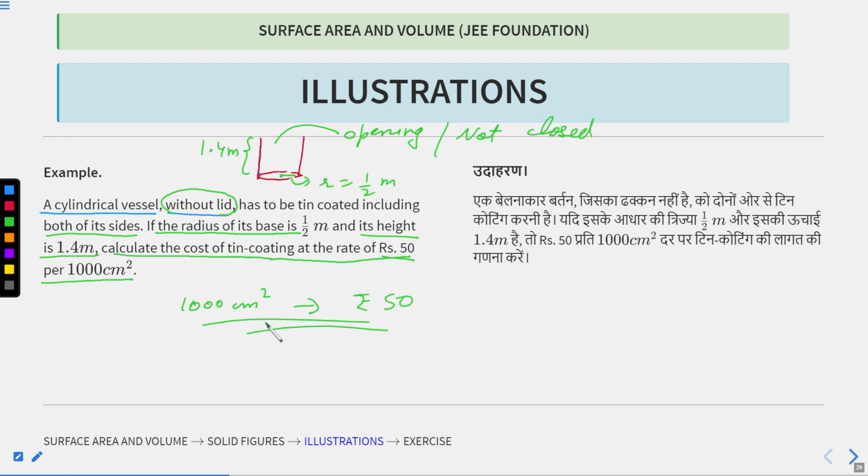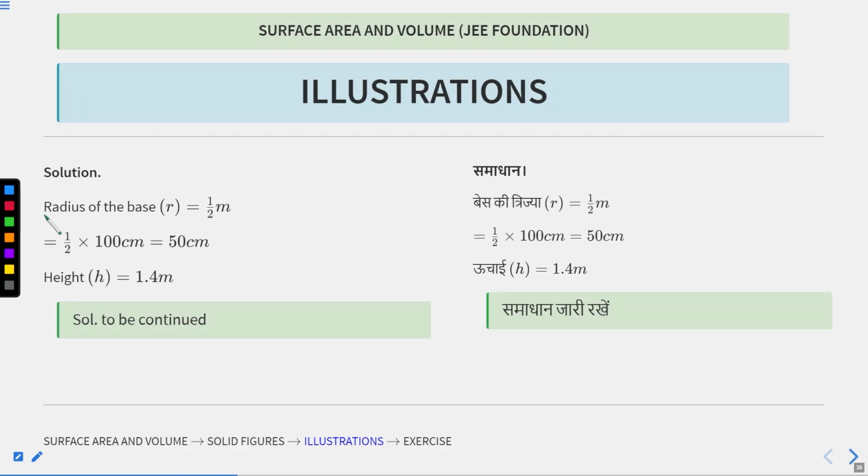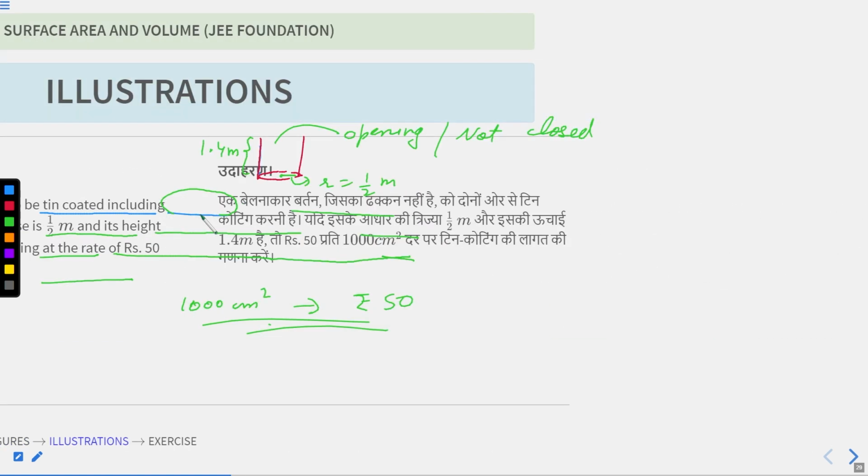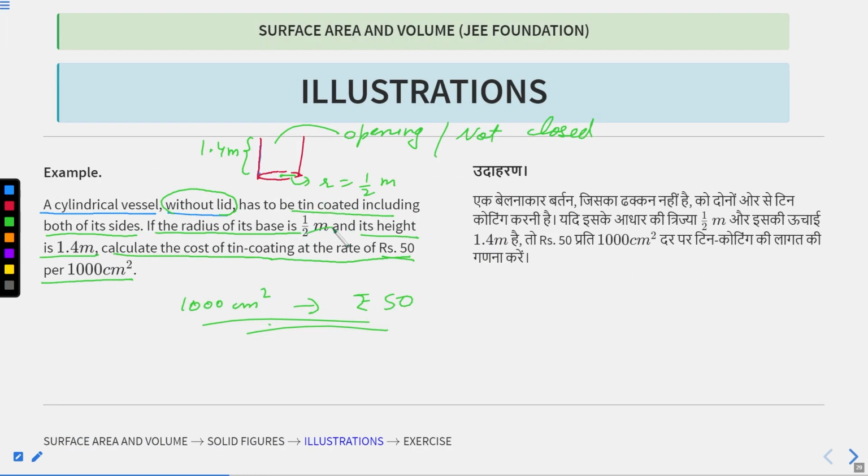So in total we just have to find out the surface area which we have to tin coat. Okay, so let's find out. So we know the radius of the base. This is given in meter, this is also given to us in meter, but the worker charges are given on the centimeter scale.